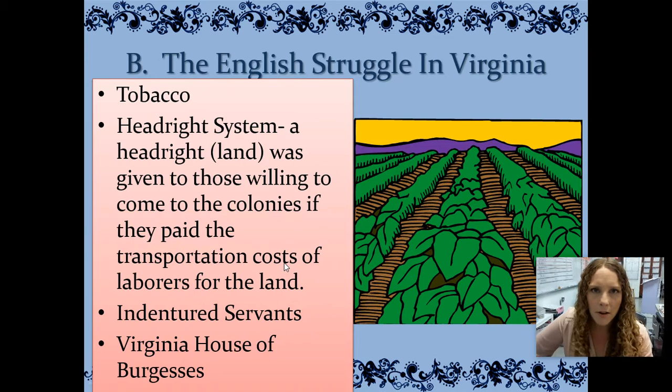Democracy does not happen in America overnight. The concept that people should have a say-so in their government does not happen overnight. Some of that was part of their English tradition, and some of that is being built in the colonies way before the American Revolution happens. This is 1620-something. The American Revolution doesn't happen until 1776.